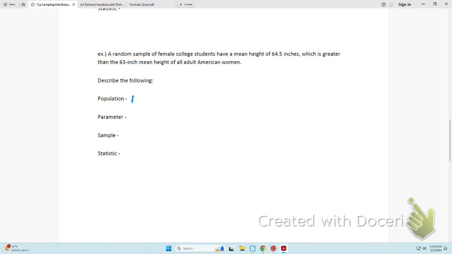But we're looking at all adult American women. And our sample, they don't tell us how large. So sample of female college students.